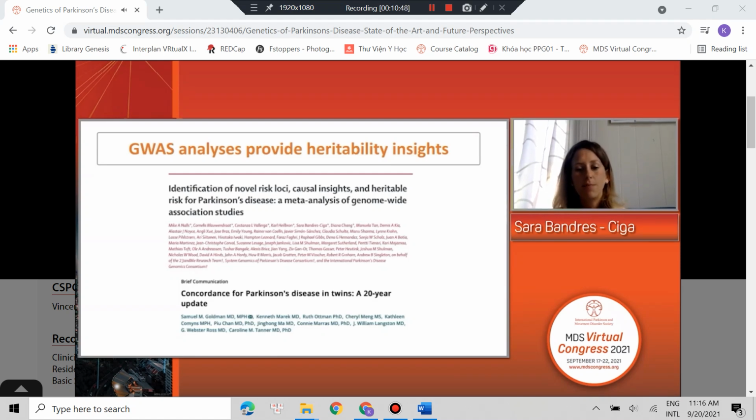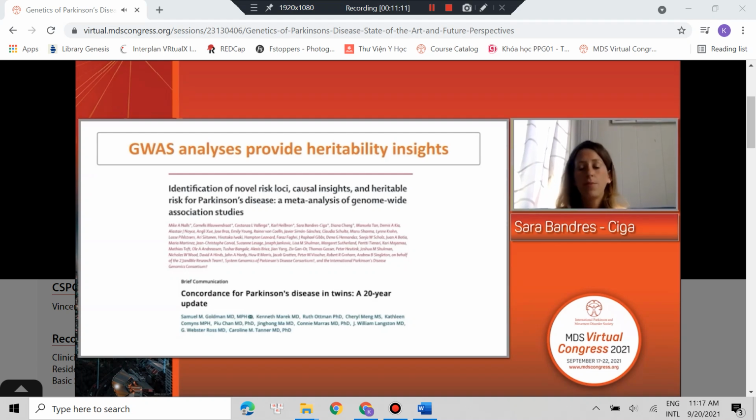And it seems that the pairwise concordance for Parkinson's disease in the twin studies, as compared to the estimates of heritability from the latest GWAS meta-analysis, are very similar. And this points to around 27% heritability, which means the percentage of the phenotype that is attributed to genetic influence.